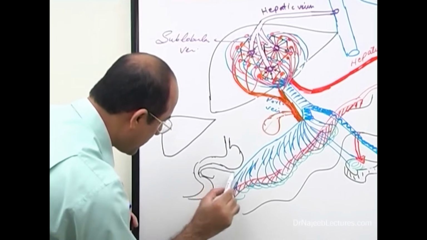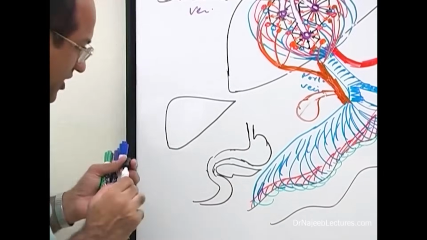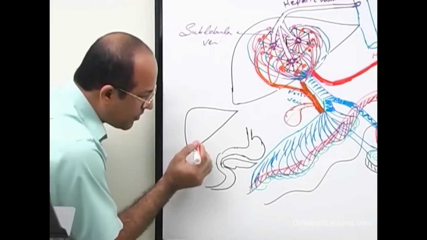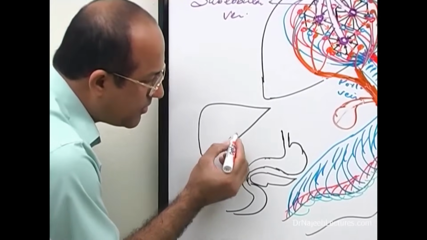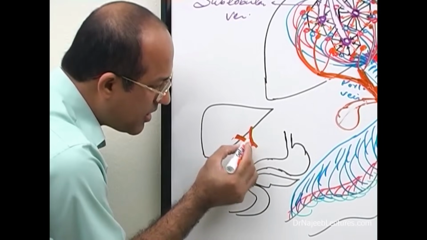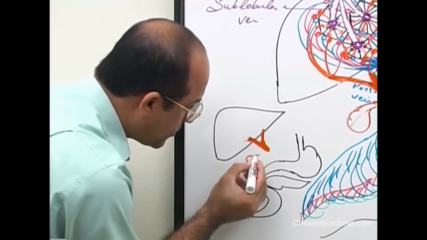And what is this structure here? Pancreas. Great. Now what really happens? This is right hepatic duct. What is this? Left hepatic duct. And what is here? Common hepatic duct.